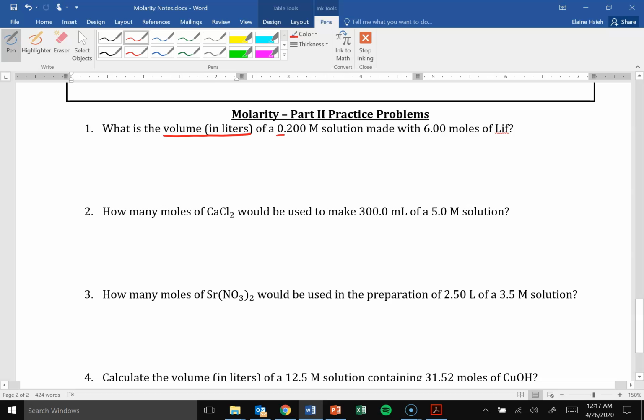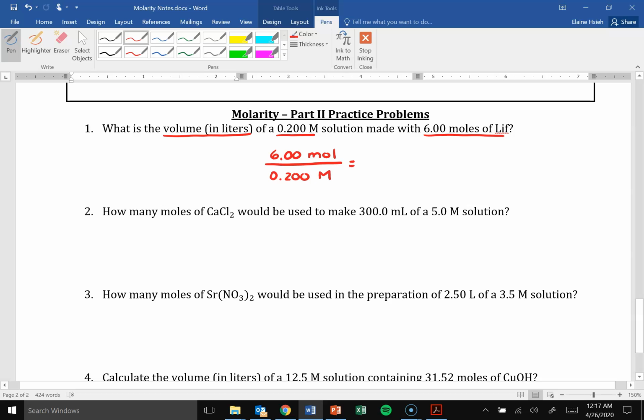We are given 0.200 molar and 6.00 moles. Okay. Looks like I don't need to convert anything here. So all I need to do is plug this into that equation. So the liters of solution is equal to the moles of the solute, 6.00 moles, divided by the molarity, 0.200 molar.